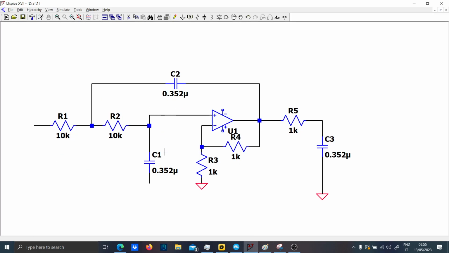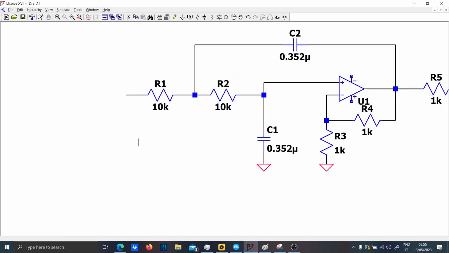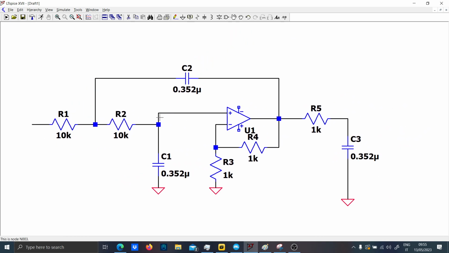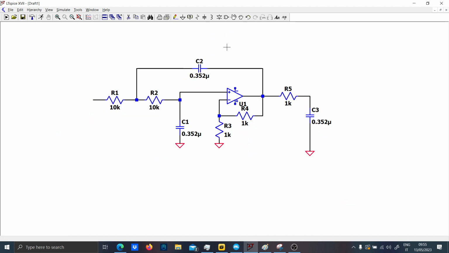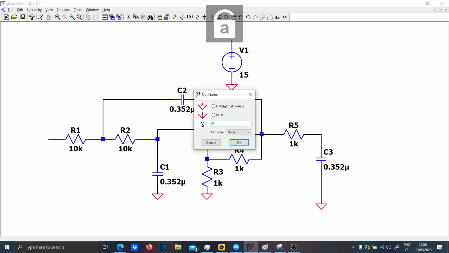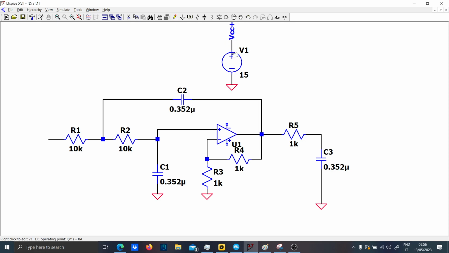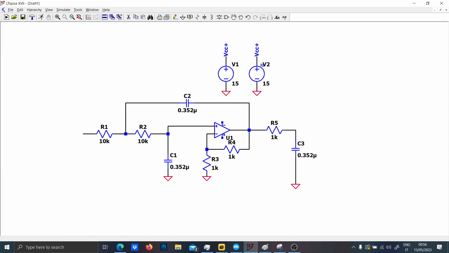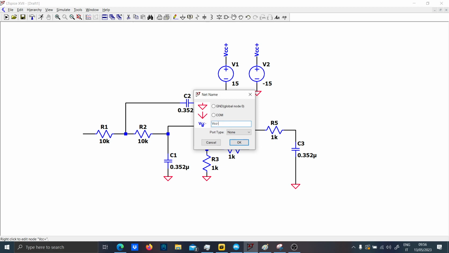So this is composed of a second order cell. Now the first thing that you want to do is to also put the power supply. So let me put 50 volts. Let me call it VCC plus, and the same for the minus, 50 volts VCC minus.